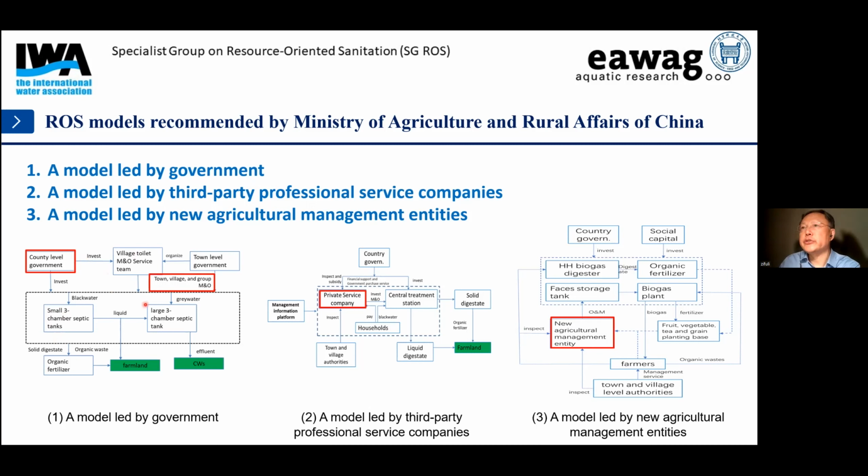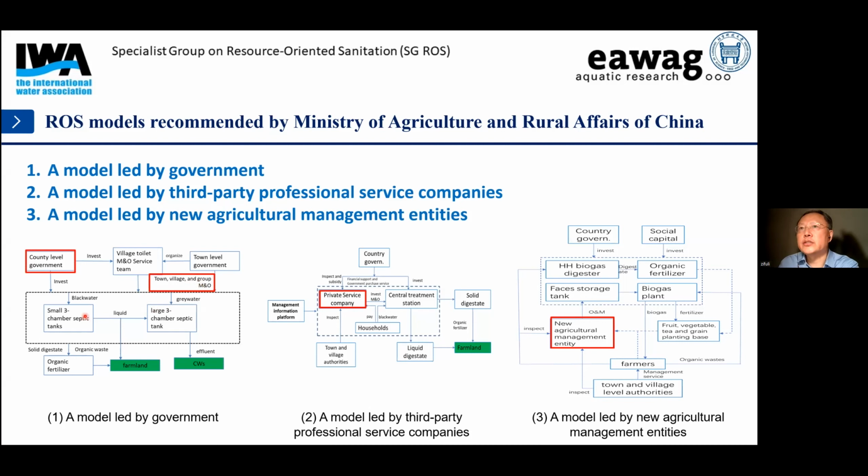Especially in some regions which have higher revenue or higher GDP. The township or village or group handles the maintenance and operation. So you can see here, this is one kind of system.